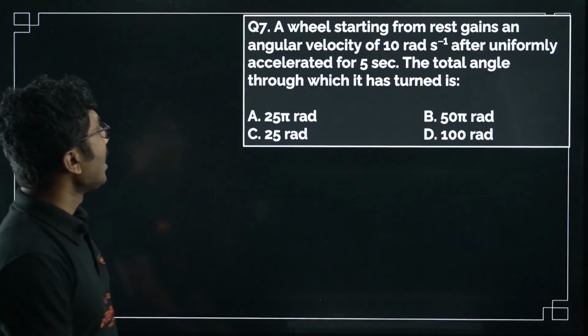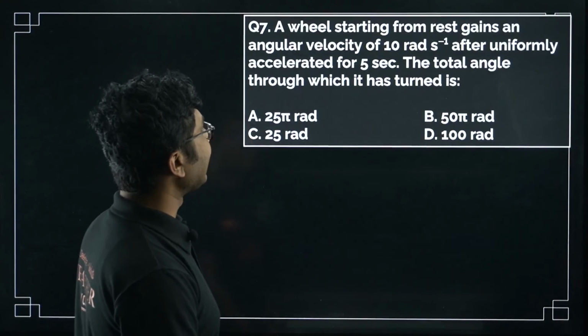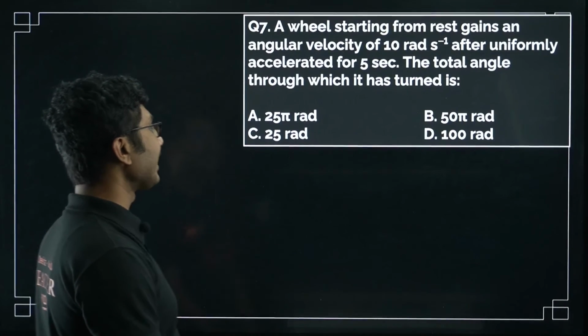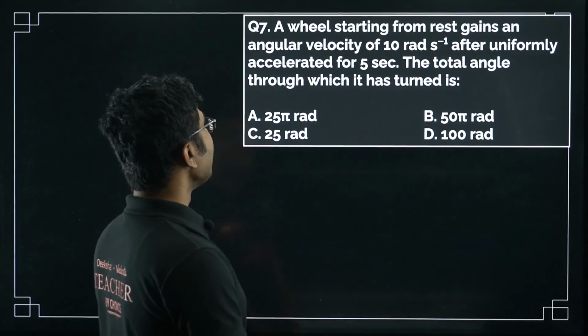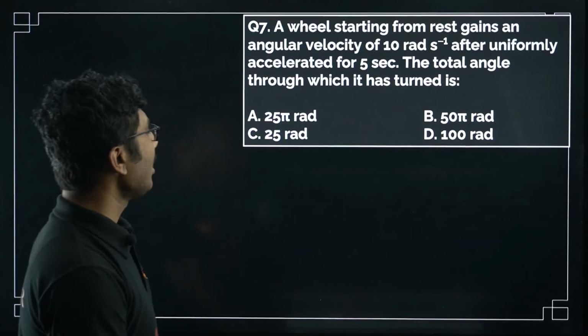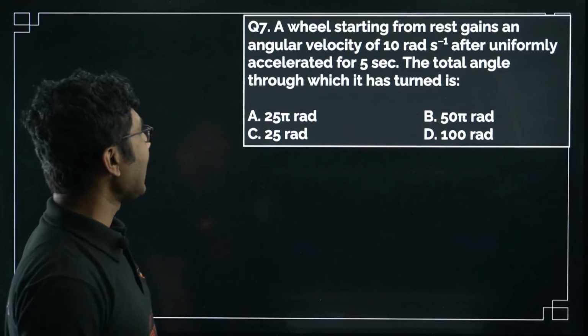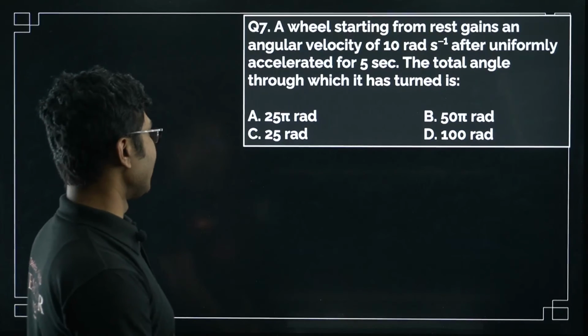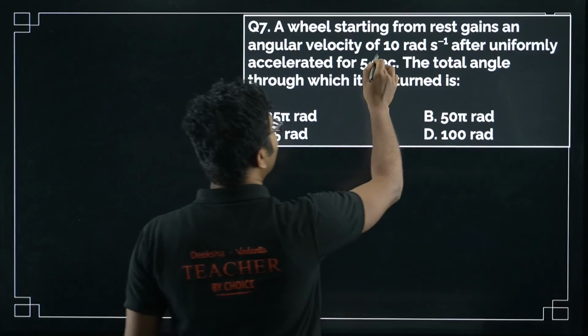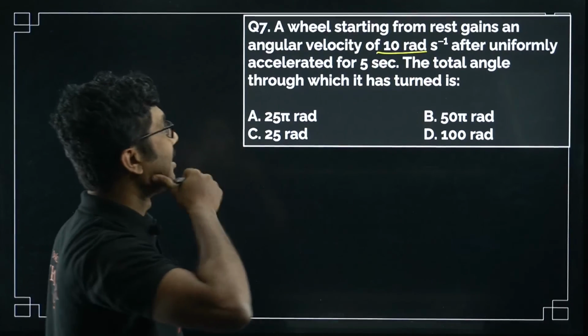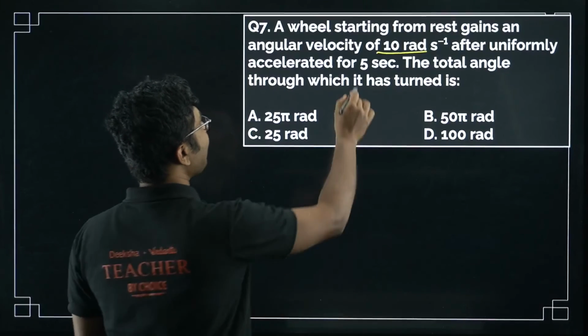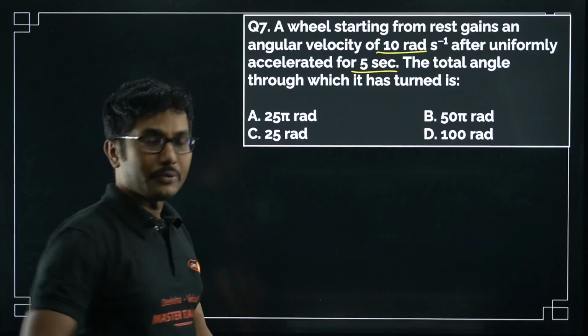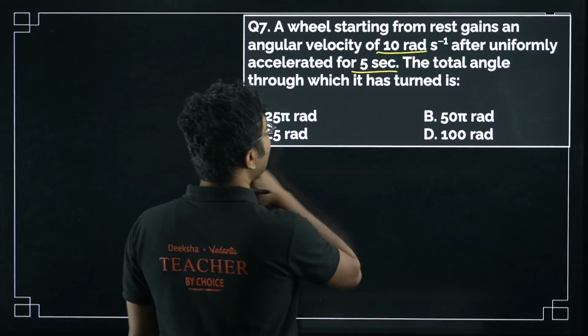Next question: a wheel starting from rest gains an angular velocity of 10 radian per second after being uniformly accelerated for 5 seconds. The total angle through which it has turned? So the angular velocity is 10 radian per second, and the time taken is 5 seconds. We will use the same formula.